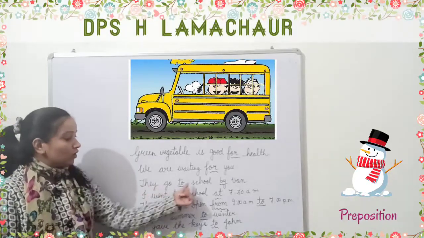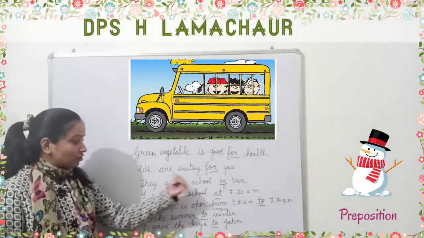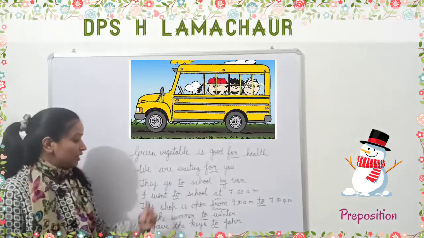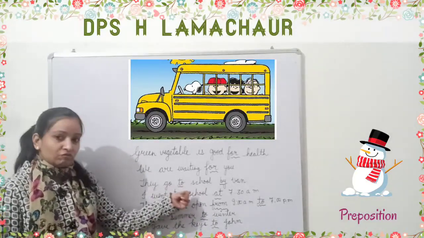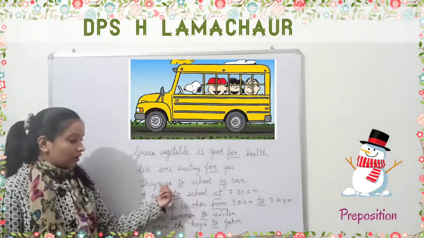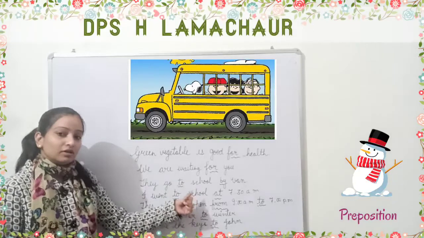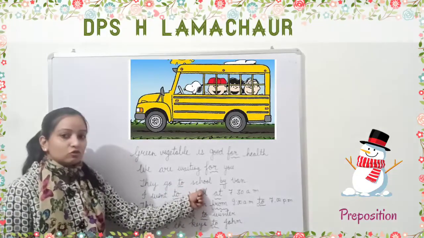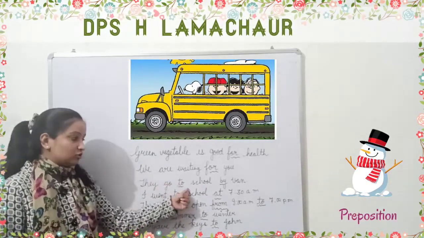Here we are talking about the destination. What is the destination? School. Movement is there. They are going to school. Movement is involved, with destination. So the destination is school. So in such a case, we use to.